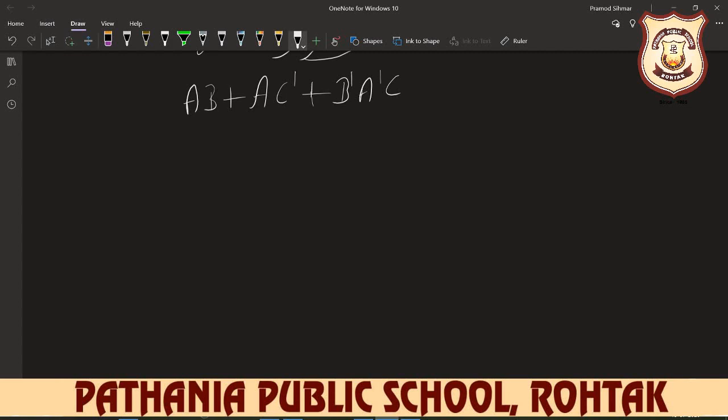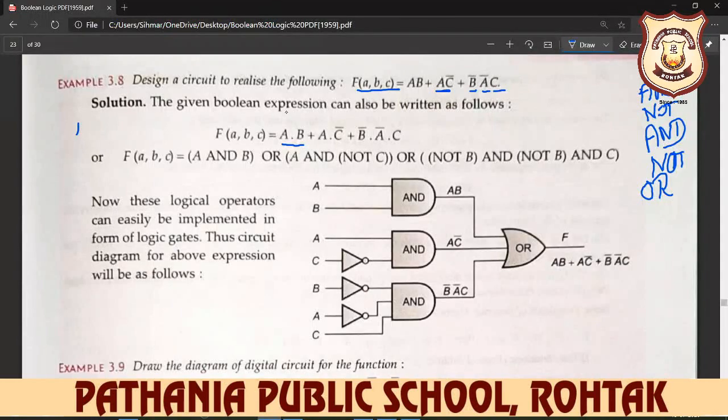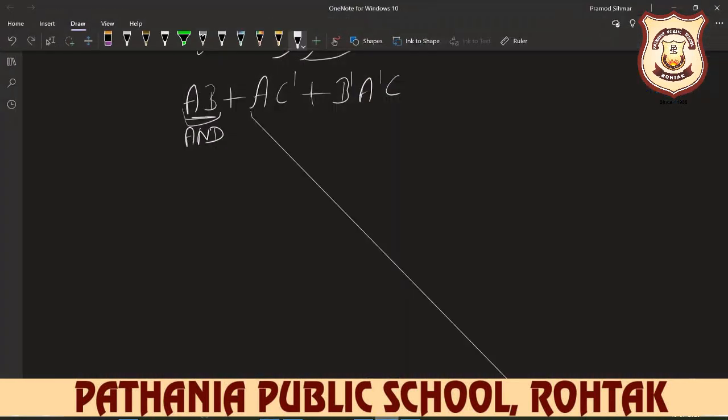So first you make this gate A and B. Which gate is here? Here is your AND gate. Here again an AND and NOT gate, and here again an AND and NOT gate. So first you draw the AND gate like this.